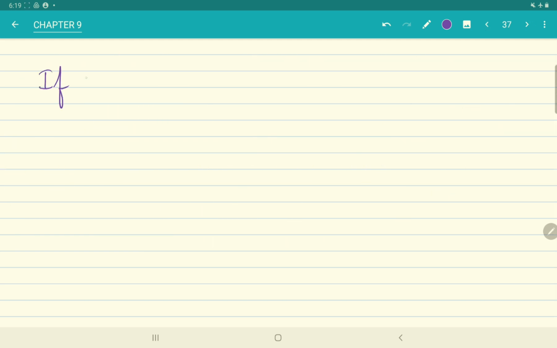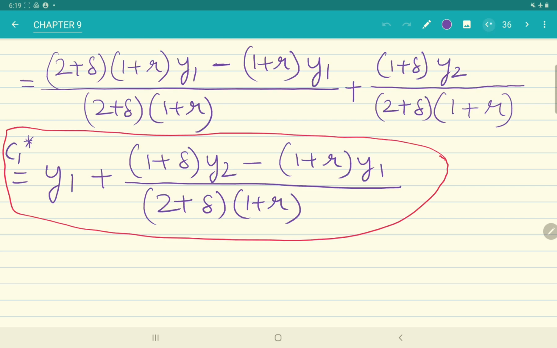If C1 is greater than C1 star, then du by dc1 is less than 0. Here we can see this.